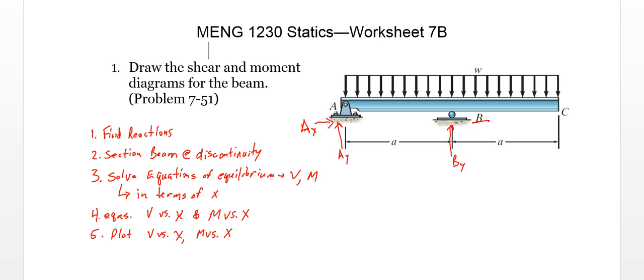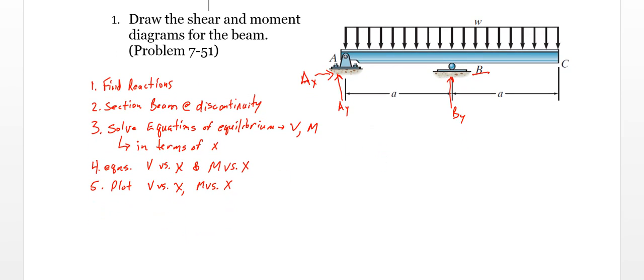Alright, so our approach, we're going to find our reactions here. Hopefully everyone is able to do that. So step 1, reactions. What do we have? Over this whole length we have this distributed load W. It's acting on a length A plus A, or 2A.